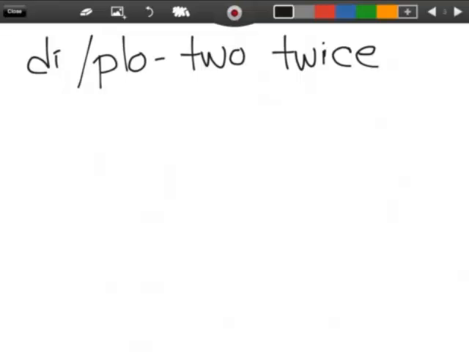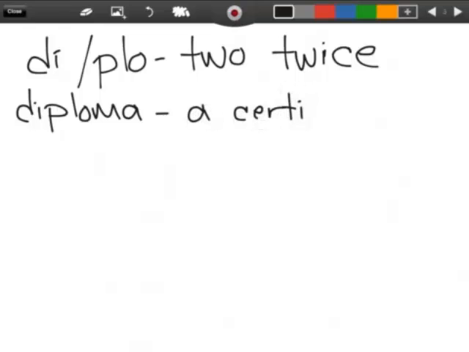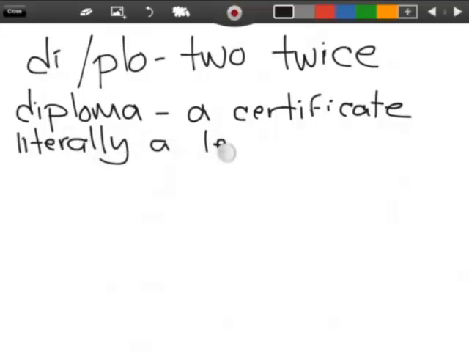One of them is going to be diploma, meaning a certificate, literally a letter folded in two.